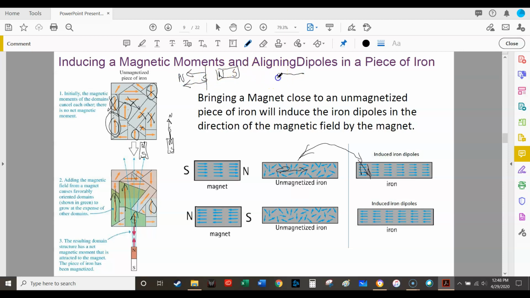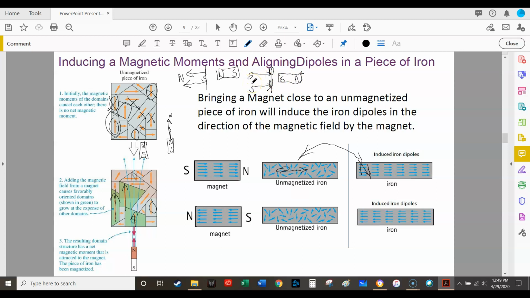If you brought the south end of a magnet close to that refrigerator door, it would squeeze down all of the left pointing norths in favor of the right pointed norths to make those dipoles get emphasized over these other ones, right? So basically it would align in the same direction as the magnet.